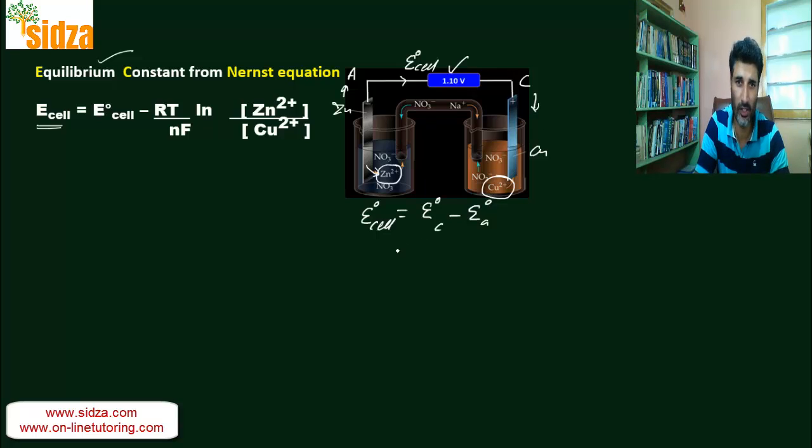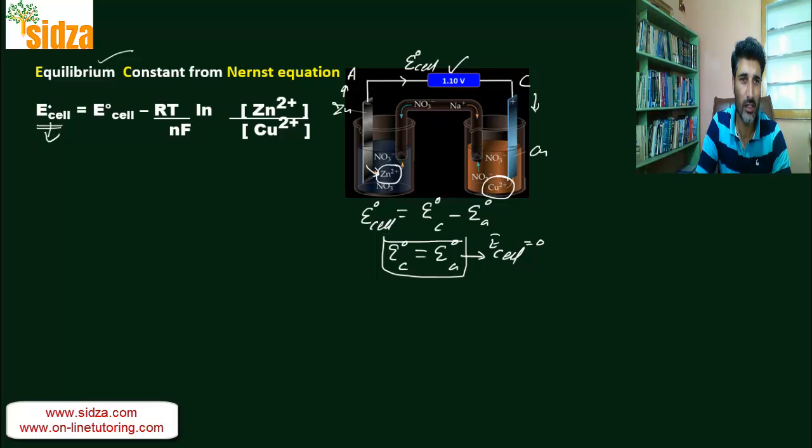The reduction potential of the cathode, in this case copper, will be equal to the reduction potential of the anode. That means the EMF of the cell will be zero at that time. So when this particular cell is at equilibrium, the EMF of the cell will be 0.